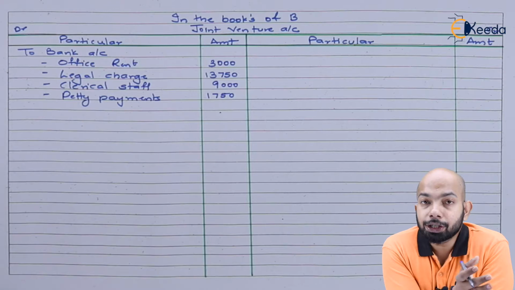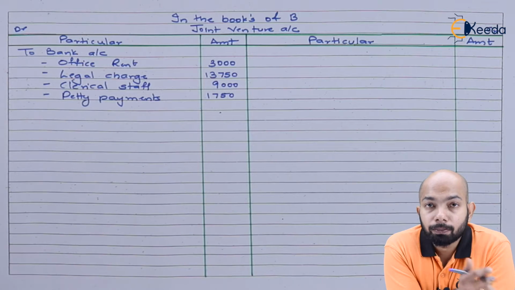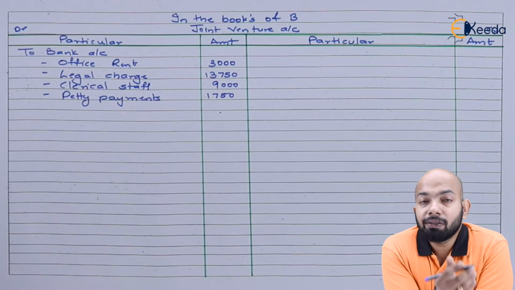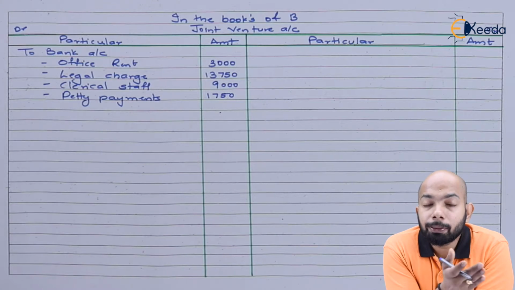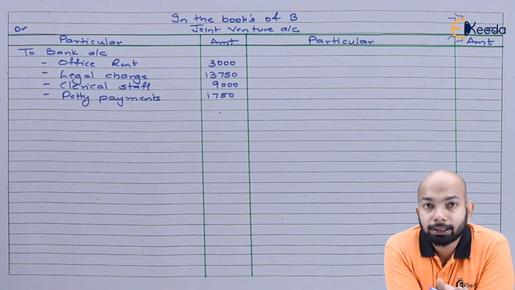So the entry has been mentioned to bank account and all the expenses that are related to B. Let's mention all the expenses that are related to A now. However, here the entry will be joint venture account debit to A, like the earlier one where we mentioned for B, that is joint venture to bank.